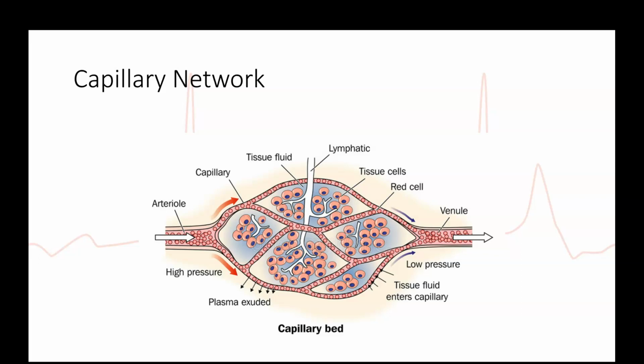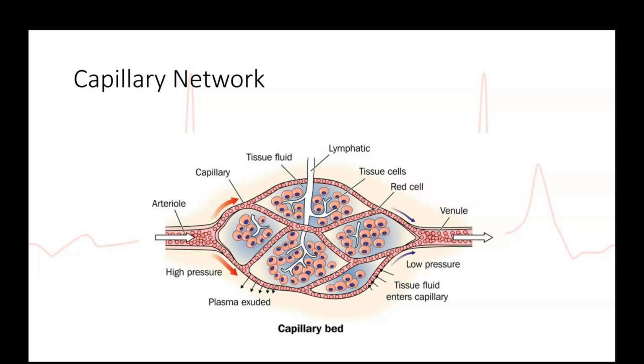So we have a very large cross-sectional area when we add all of those up together. But each individual tube is very small. So we increase our vascularity as we move more to the periphery, right? Because as we move from the aorta to the arteries to the arterioles to the capillaries, we progressively get more and more vessels that branch off of each one subsequently.